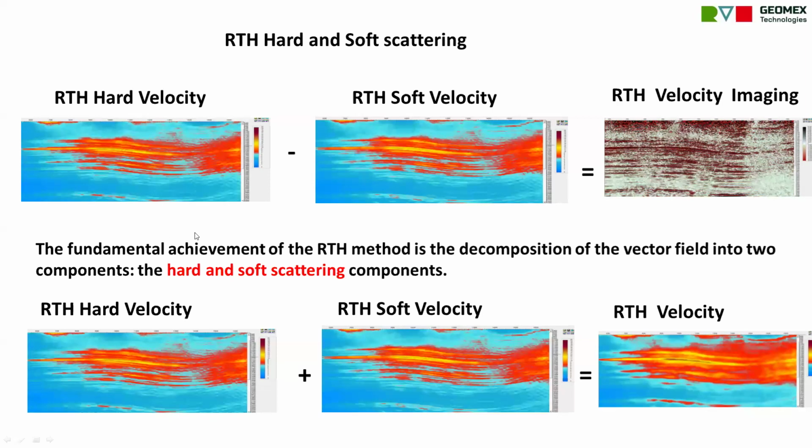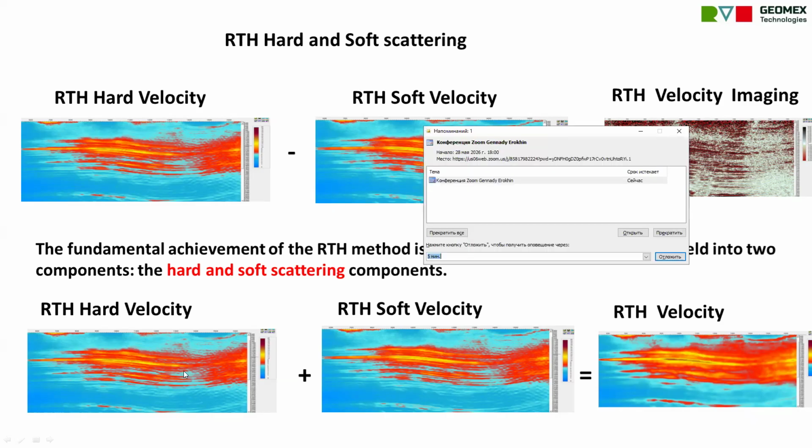So each attribute we automatically divide into the hard part and soft part, using the rotation of the phase. Hard without changing the phase, soft with 180 degree inversion at the point of scattering. I think it's clear.